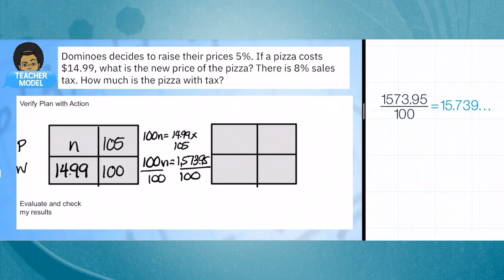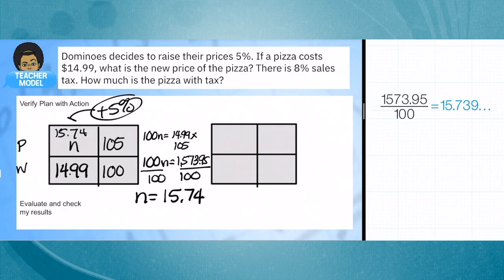I'm going to round that instead of 73 cents to 74 cents. So our new price is $15.74. That's our new price. Now remember, this is plus the 5%. So that's what this is.